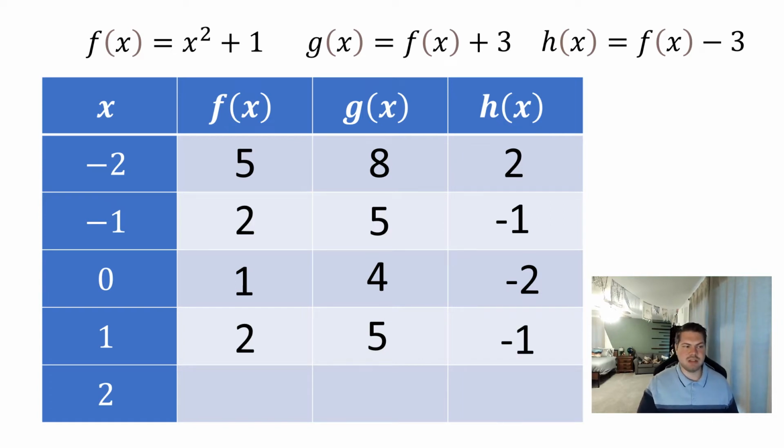Same thing for 2. 2 squared, 4, plus 1, 5, just like we did in the first part. If f of x is 5, then g of x is 8. If f of x is 5, then h of x must be 2. Hopefully you understood that. And now we're going to discuss and look at how that transforms the graph.